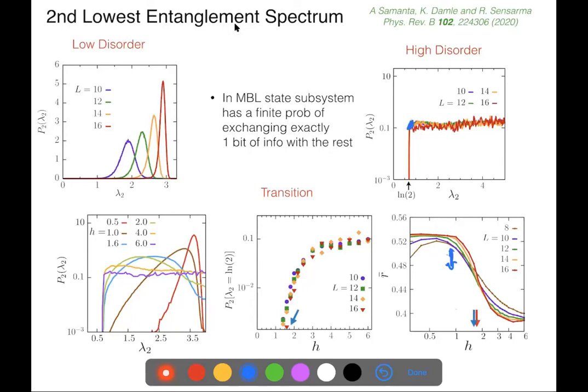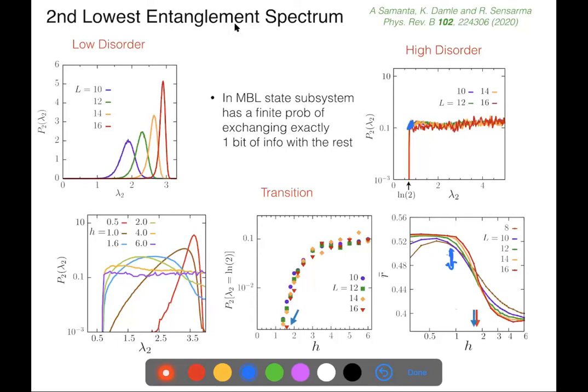And of course, you can exchange more than one bit of information in a thermal phase. You would in general expect order of L_A bits of information being exchanged. And in the MBL phase, there will always be some probability for exchanging one bit of information.